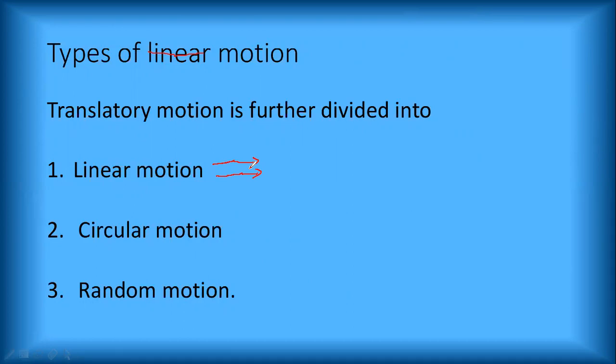If the object is moving in a circular path, the object motion is circular and the particle motion is also circular, it is also translatory motion.